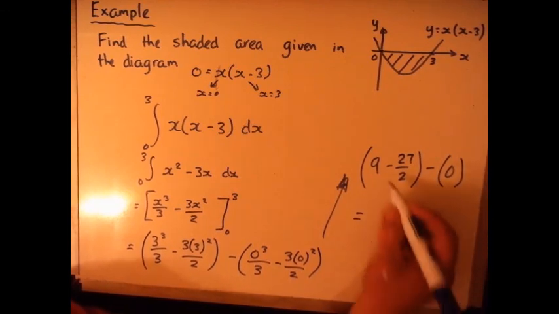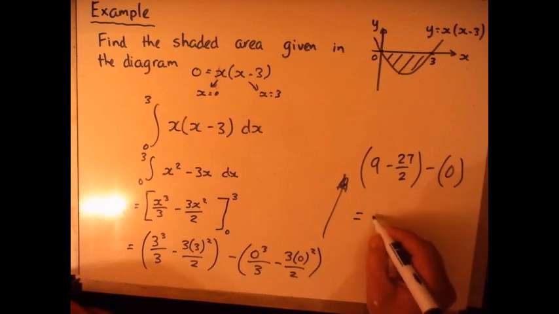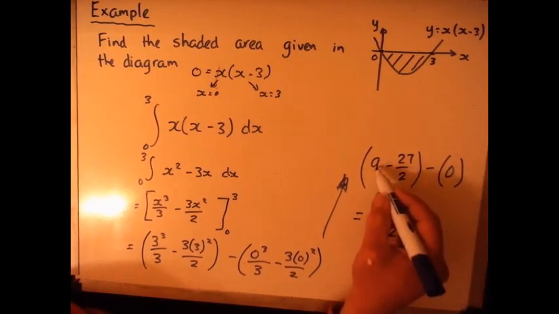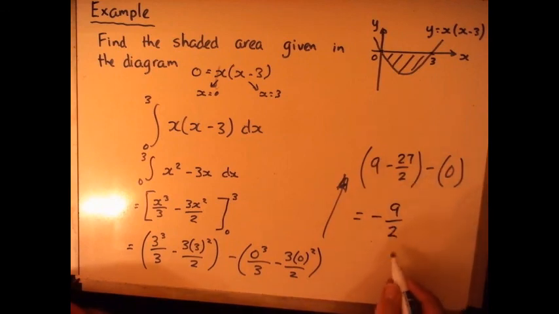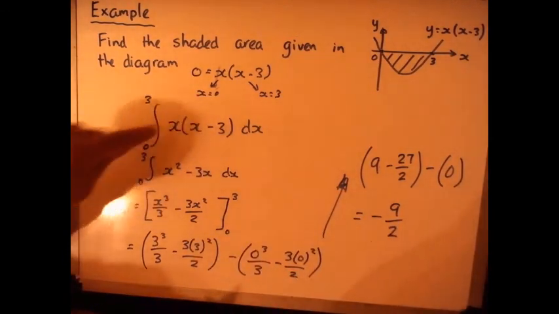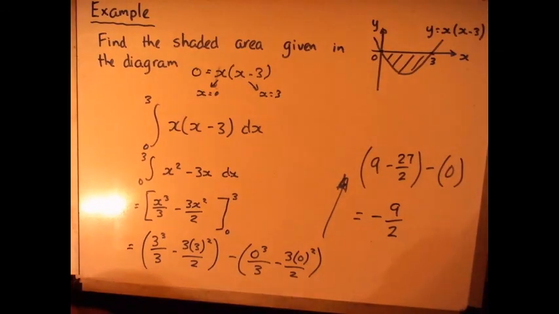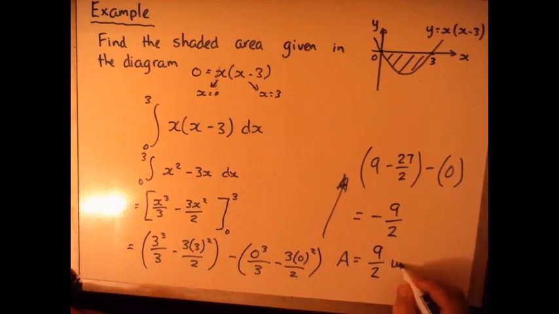And when I calculate that, what we end up getting is negative 9 over 2. Just in my head made that 18 over 2, and I get that. So I've got negative 9 halves as the value of this definite integral, but we were asked for the shaded area. So we have to say that we know it was a negative answer because it was under the x-axis, so my area will be 9 over 2, and that'll be some units squared.